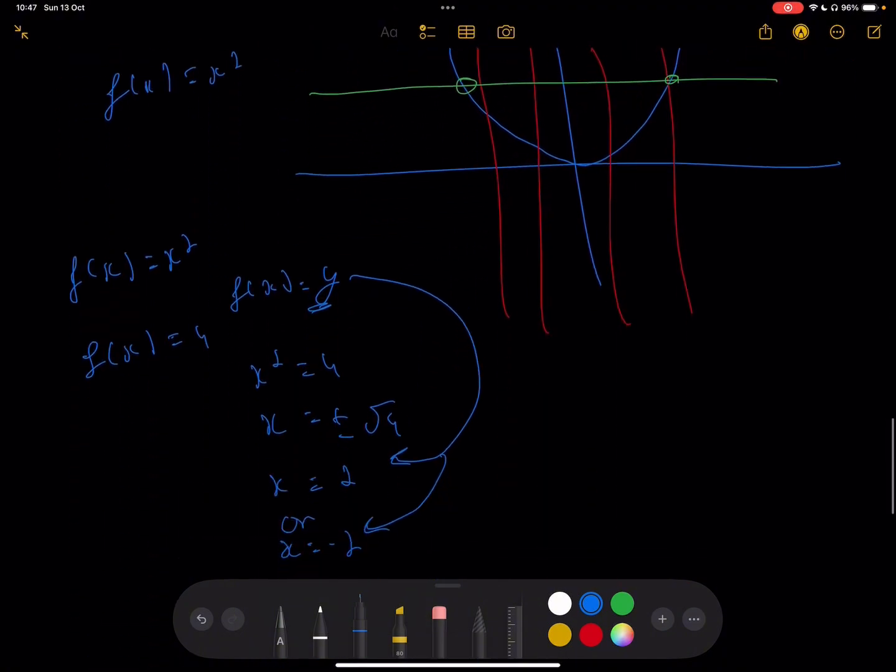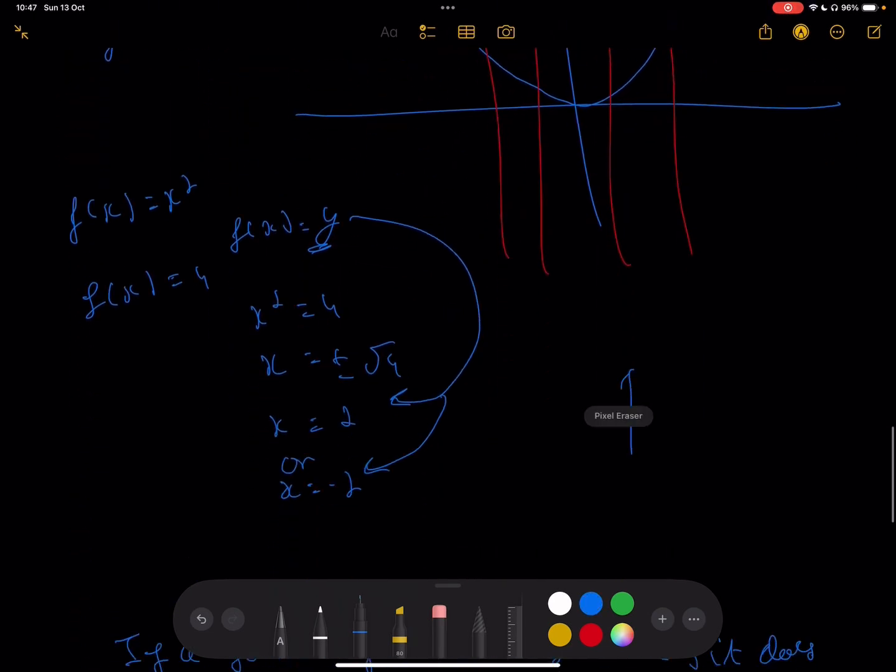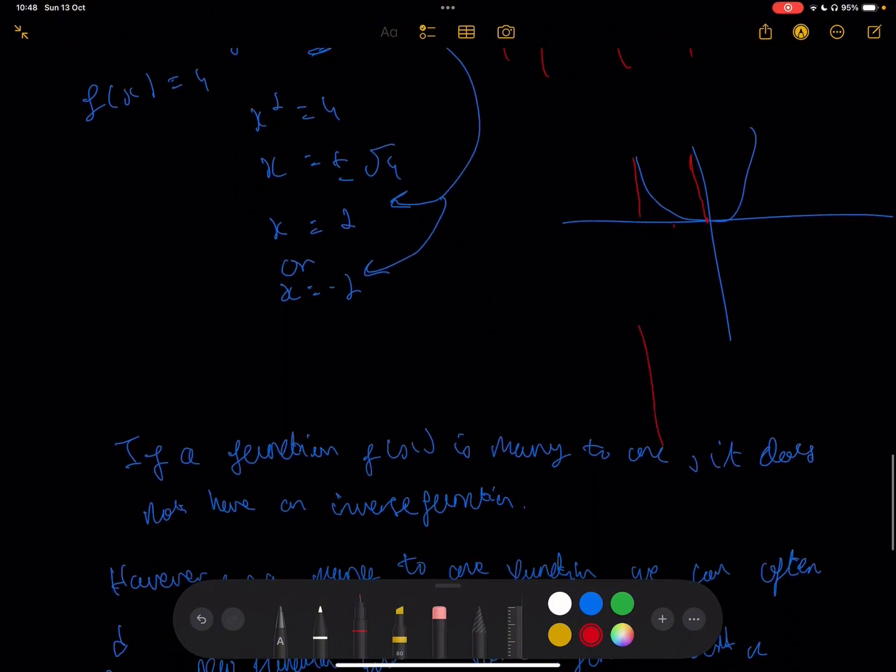The domain is a set of x values that can be taken by the function. So if we look at the graph f of x is equal to x squared, we could restrict the x domain so it only includes this part here. If we only include this part here, what would it look like? Well, we have a graph like this, and it passes the horizontal line test and the vertical line test.